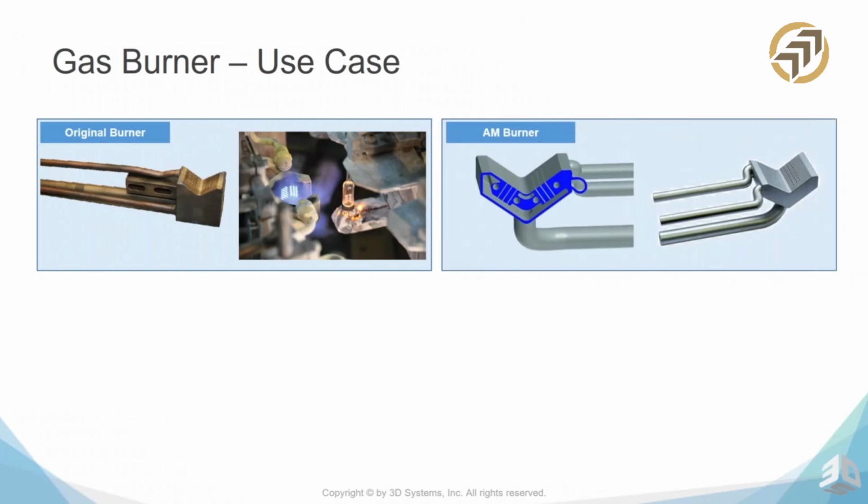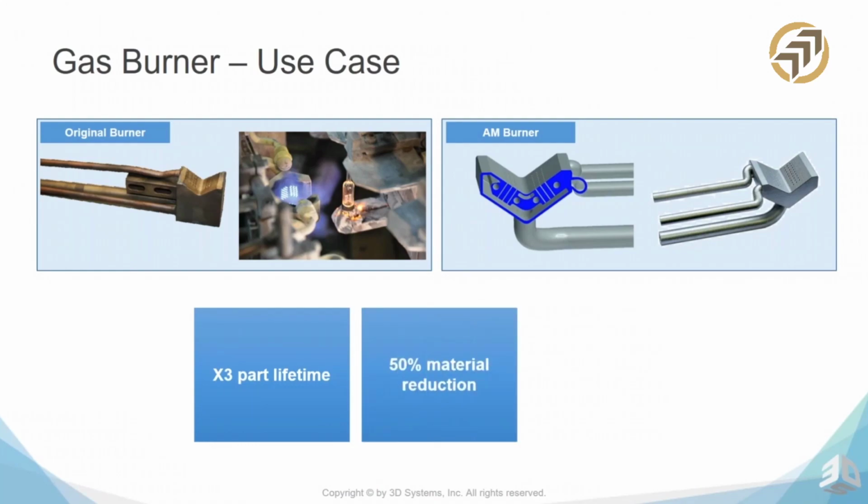So a new geometry was designed with conformal cooling channels that are less than 1 millimeter away from the burning gas. The results were, first of all, we achieved the main incentive for the new design, which means the lifetime of the part was tripled. But by shifting to the new geometry, we also save 50% on material, which also lowers the material heat that needs to be evacuated with each burning cycle.